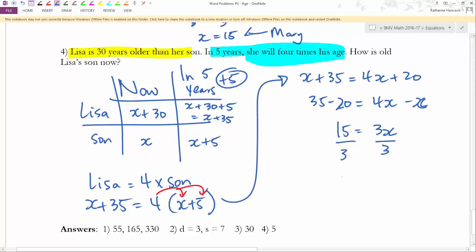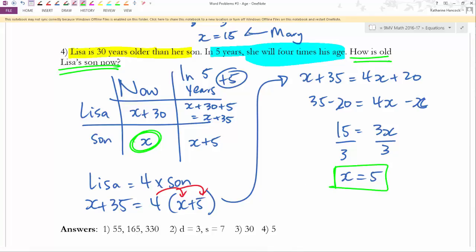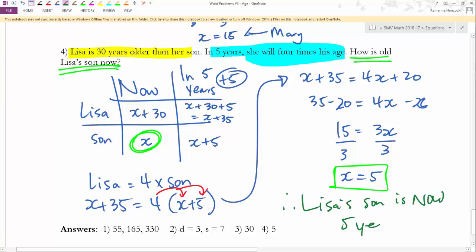Divide both sides by 3. I'm going to get x is 5. And we go check, what did the question ask? It said, how old is Lisa's son now? Lisa's son right now is x. That's what we solved for. So, therefore, Lisa's son is now 5 years old.